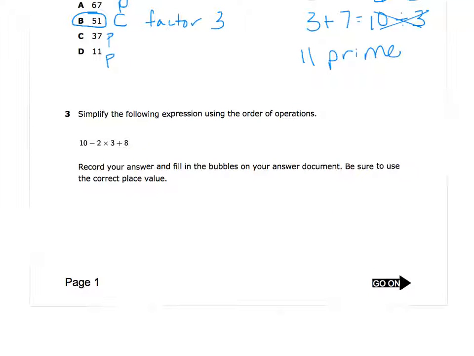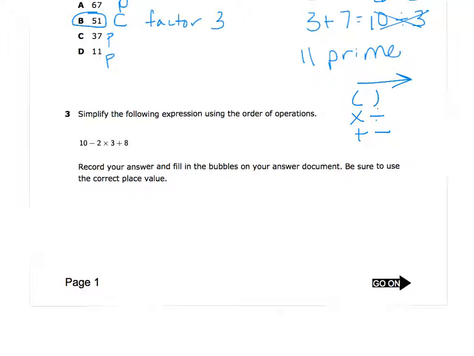Number 3, simplify the following expression using the order of operations. So again, the order of operations is always going left to right. Numbers grouped with parentheses, numbers grouped with multiplication or division, numbers grouped with addition or subtraction, always left to right.